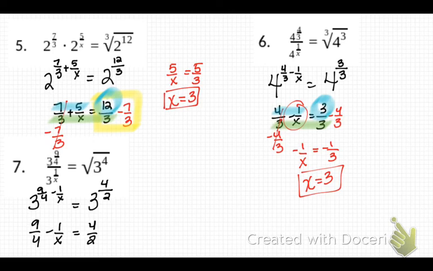So I'm going to copy this and put it up in the middle so I have some more space. Okay. If I'm subtracting 9/4, can I subtract 4 halves and 9 fourths as is, like that?